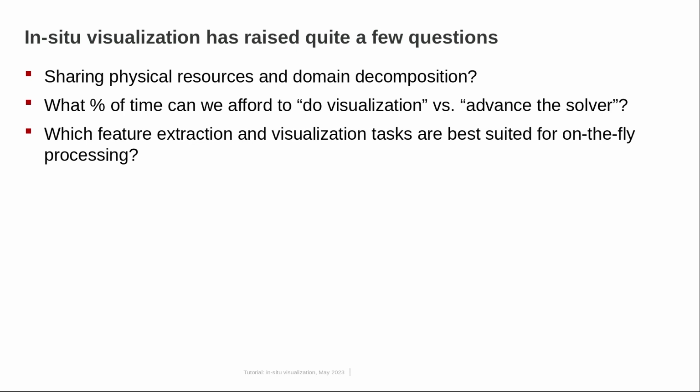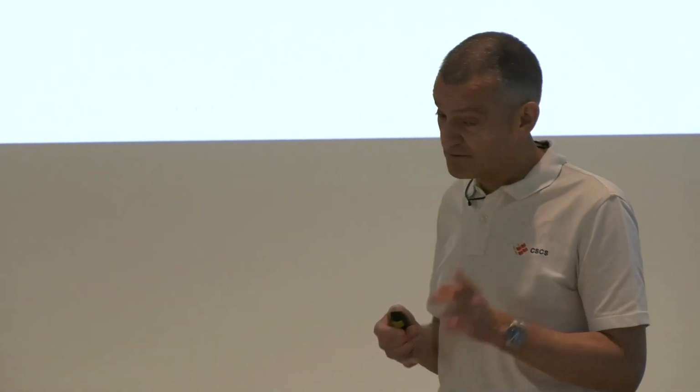So there are some algorithms which will be difficult to apply, algorithms which have to look at a certain number of time steps together to calculate some particular features. So this will be a limitation of in-situ.